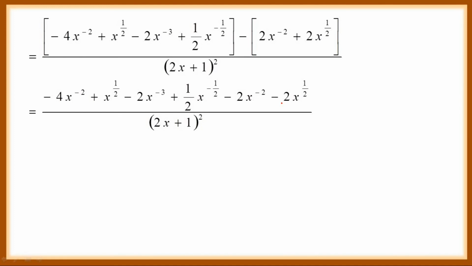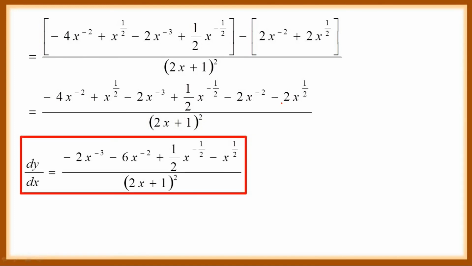Medyo marami siya. So let's take it one by one. Unahin muna natin dito. Meron ba tayong x raised to negative 3? Siya lang. So this is negative 2x raised to negative 3. Tapos kay negative 2 meron tayong dalawa. Ito si negative 4 at si negative 2. So this will become negative 6x raised to negative 1/2.